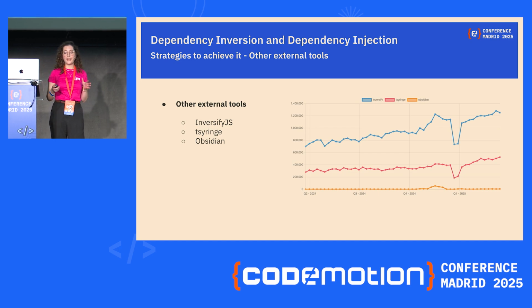But they are not very much of use to us because they don't provide first-class support for functions. And React and React Native are all about functions, so this really doesn't apply to us. Which is why we included this third option, Obsidian, right here, which was made with React in mind. So this is the reason why we included it, even if it's not as popular as the other two. Because otherwise you have to go and reinvent yourself a whole new framework like we did.